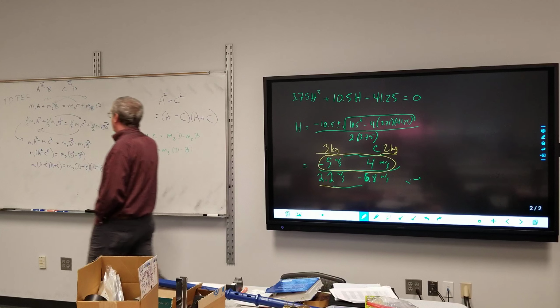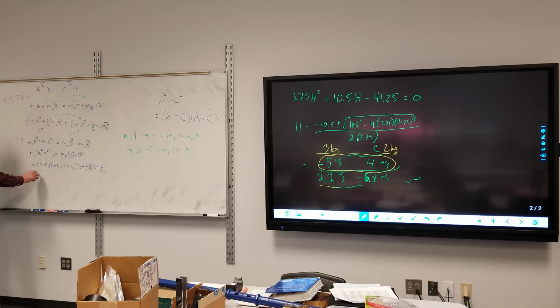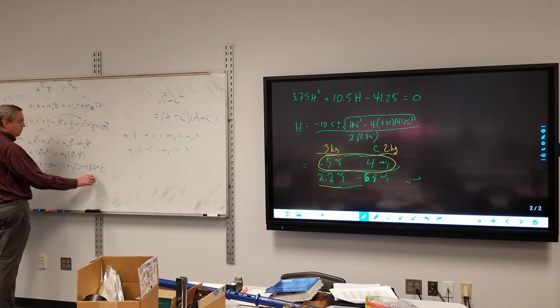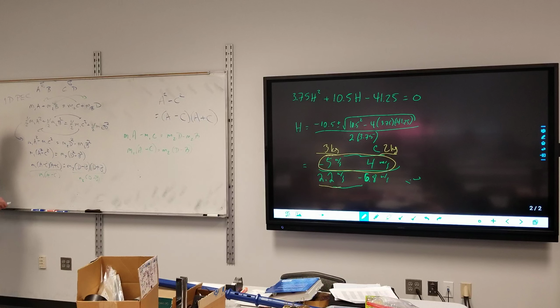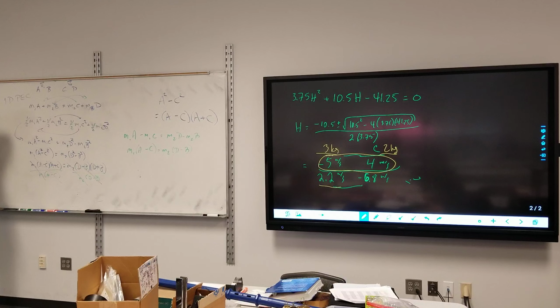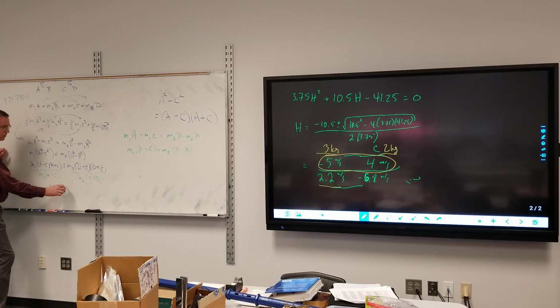Now I'm going to divide the left-hand side by m1 (a minus c), and the right-hand side by something equal to that, m2 (d minus b). The m1's cancel out, a minus c cancels out, m2 cancels out, d minus b cancels out. What I'm left with is a plus c is equal to d plus b.